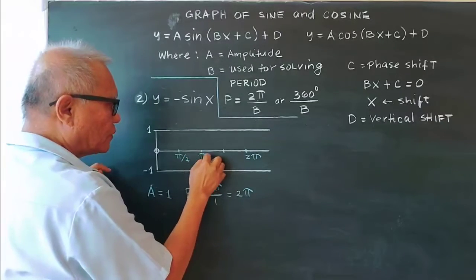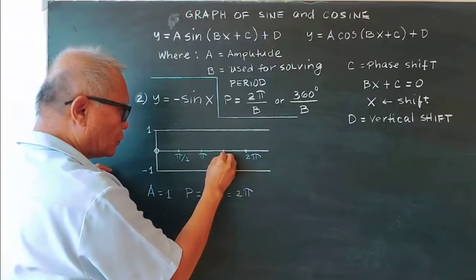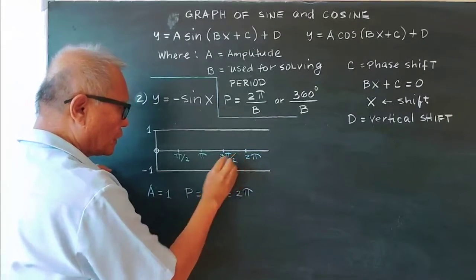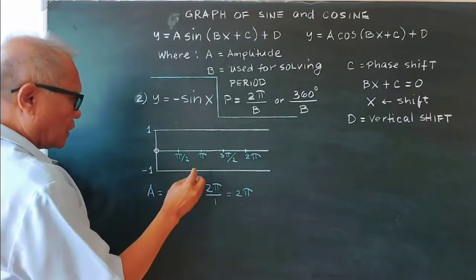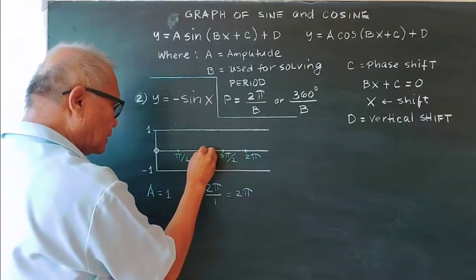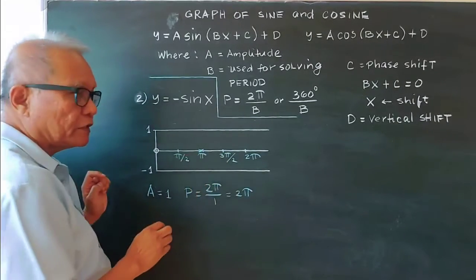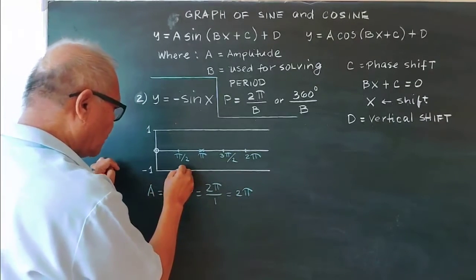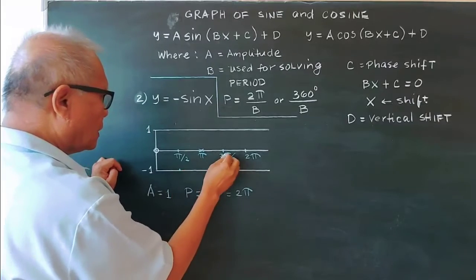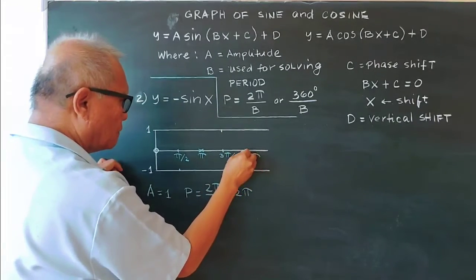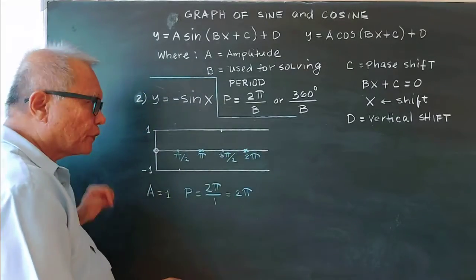And half of pi plus pi is 3 pi over 2. Okay, 3 pi over 2. So here we have the pi, the middle, and they are always intersecting on the middle here. And we have the 3 pi over 2 there, and then we have the 2 pi there.